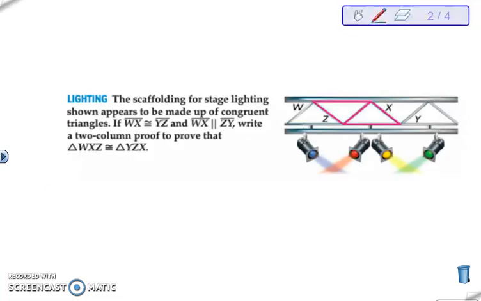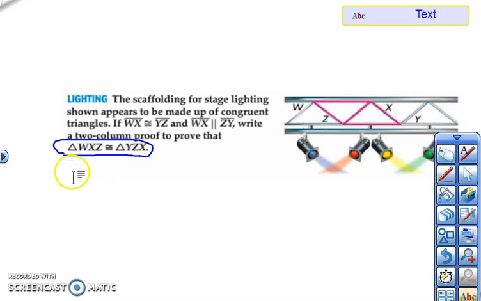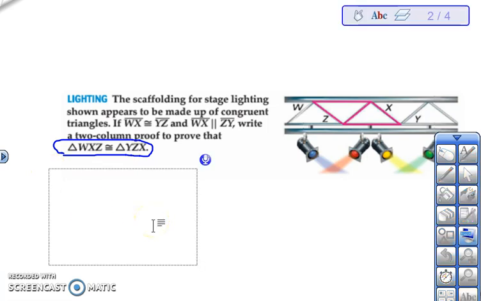So we are given a picture. We've got two triangles highlighted for us, and we want to prove that triangle WXZ is congruent to triangle YZX. So, how are we going to do this? Well, let's pay attention to what we were given. So first of all, we are given that WX is congruent to YZ.